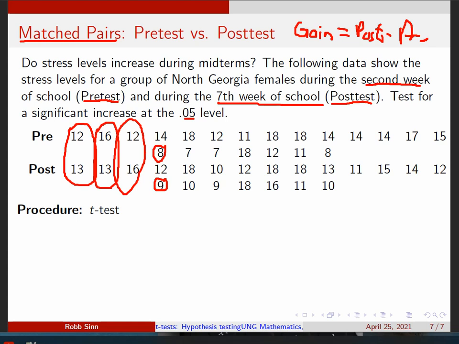Which makes sense because if on the first test you make a 70 and on the next test you make an 80, you went up 10 points. Your gain is 10 points. This also works if it's negative. You scored an 80 the first time, but only a 70 the second time, you have a minus 10 gain. So negative gains are scores that went down. All right. So we're going to do a t-test on the gain scores.